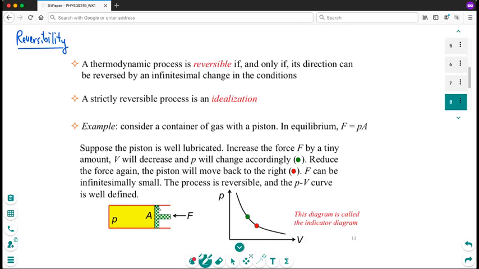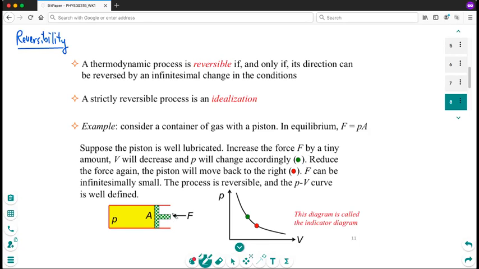In particular, when we talk about the piston cylinder system, try to convince yourself that if I want to have a reversible case, although it's an idealization, how do we achieve this in principle? First, if I have friction, that is not reversible, right?